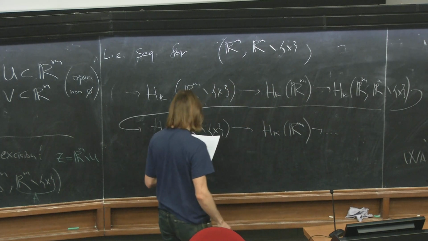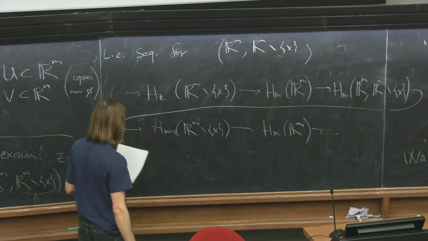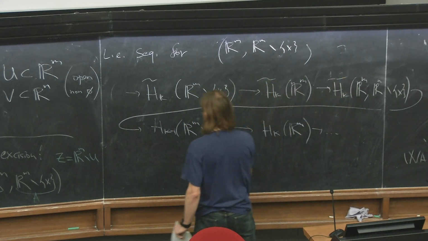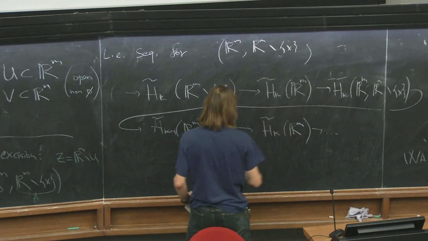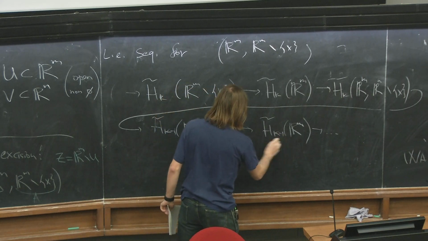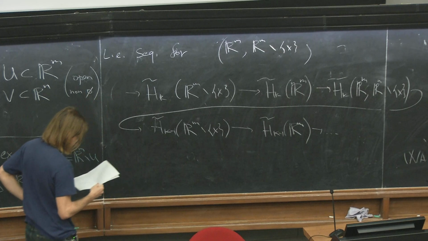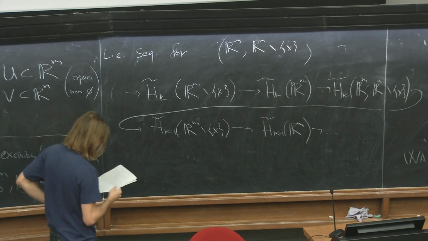Of course, you can use the reduced groups; it only matters if k is, for example, 1, where the reduced group will affect your homology in degree 0.